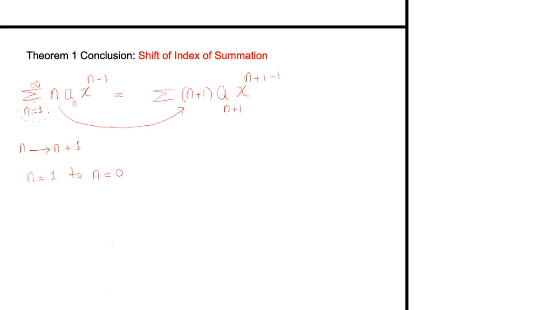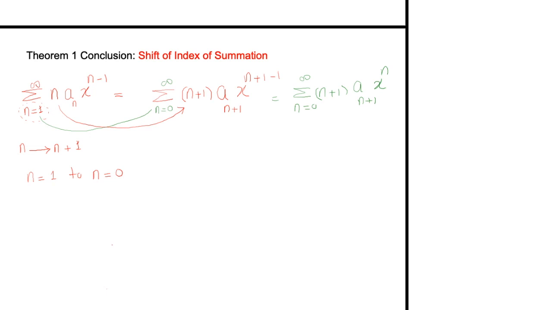And now the starting index will be decreased by 1, so the summation will now start from n is equal to 0 and go to infinity. You can check now, both the series are the same. That is, n is equal to 0 to infinity of n plus 1 a n plus 1 x power n. So this reflects that shifting of the index of the summation is possible.